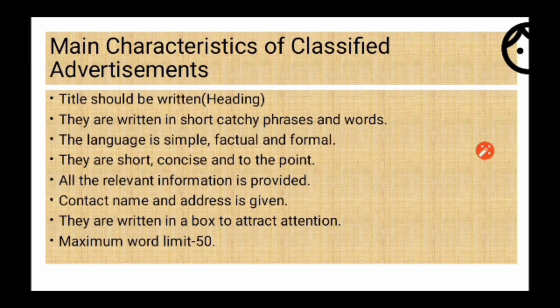Next thing is contact name and address is given, because your purpose is to attract the customers. So your contact name and address is given. Suppose in the question paper the contact name and address are not there, you can create your own.